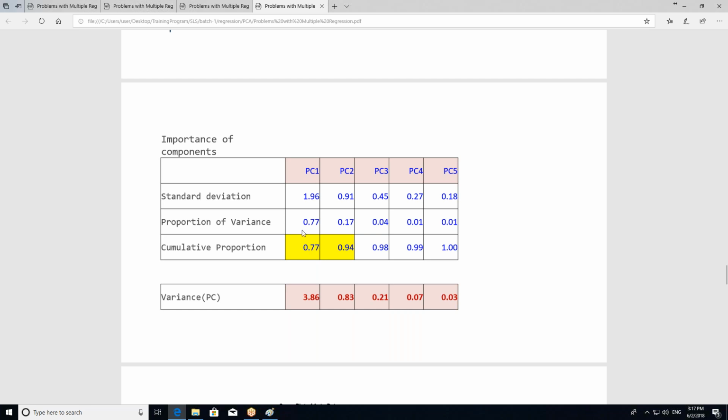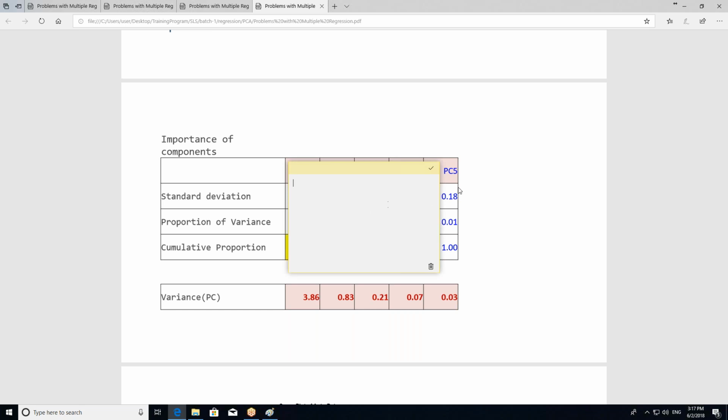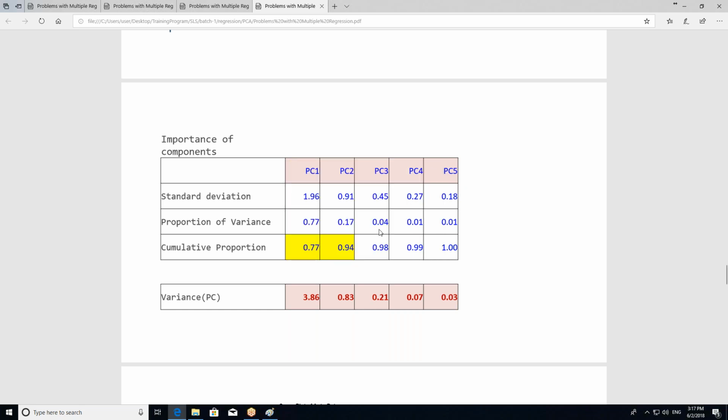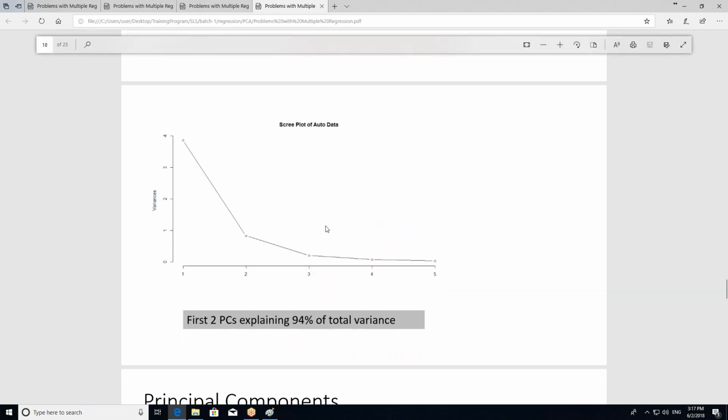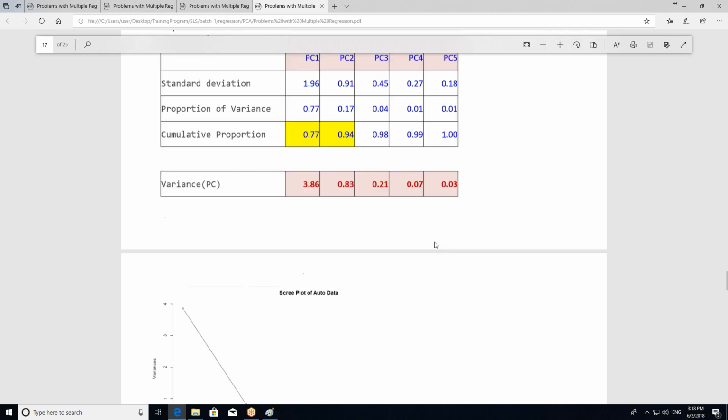I can see the first principal component is already explaining 0.77, followed by 0.17 by the second principal component, and followed by the third. So this is how the variation is explained. If you add up all the standard deviations, it will come to 3.86.